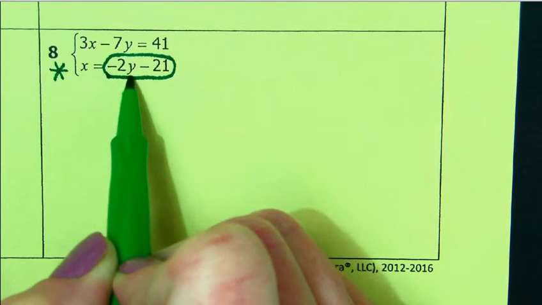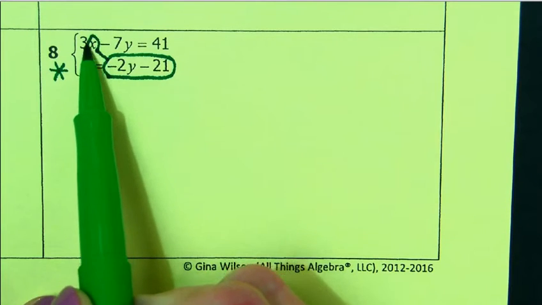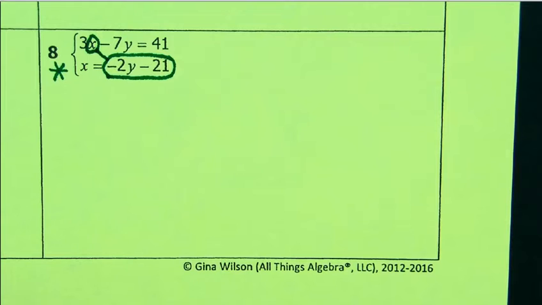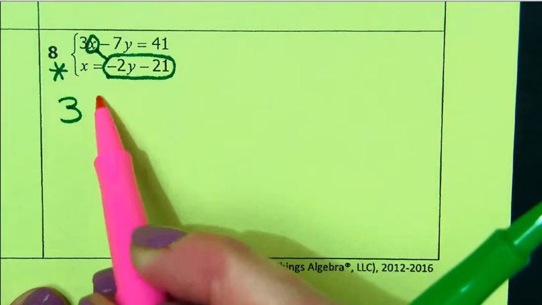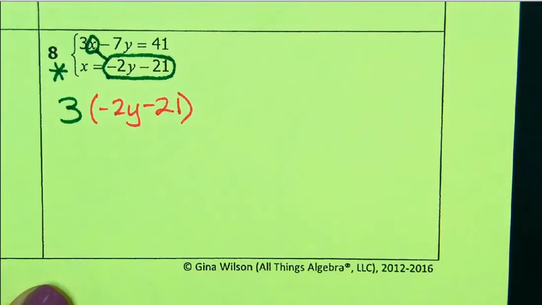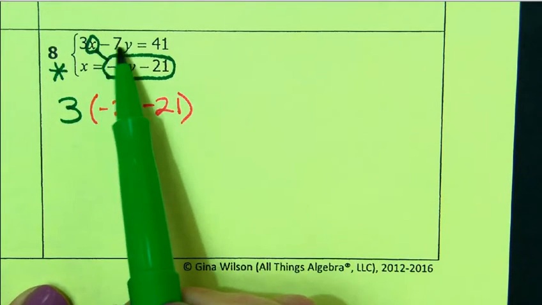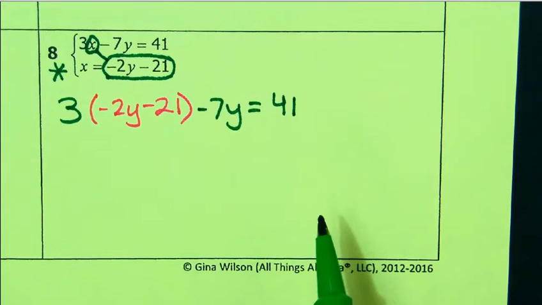So I can take this expression here and I can substitute it in for the x right there. So instead of 3 times x, I'm going to have 3 times negative 2y minus 21 minus 7y equals 41. Okay, you can't forget the rest of the equation, right?